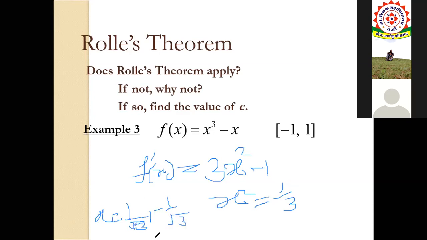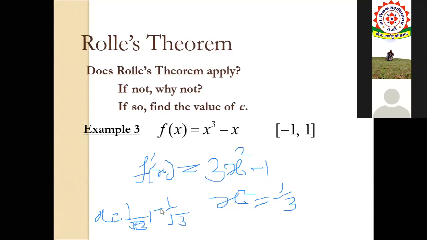And are these two values lying between a and b, that is between -1 and 1, or not? Obviously both values are, since 1 by root 3 is greater than 0 but less than 1, and minus 1 by root 3 is also greater than minus 1.